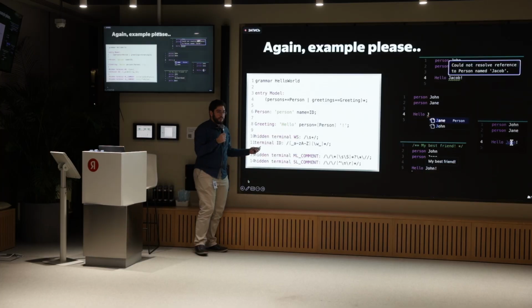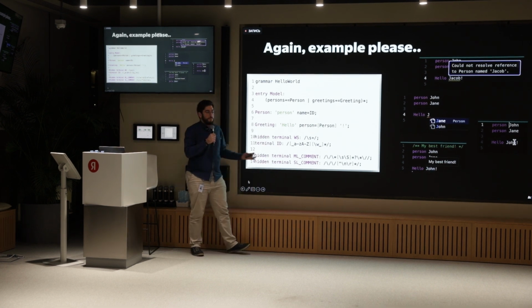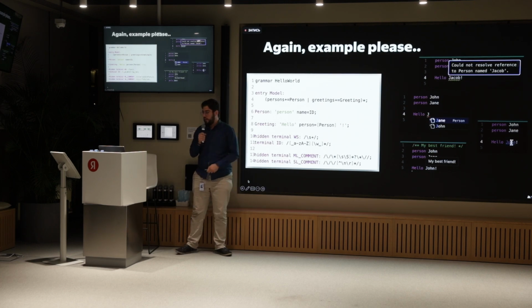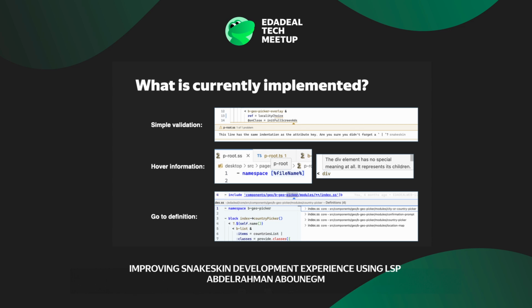Of course, for more complicated languages, it's difficult, such as Snakeskin, for example. We have to implement many of these features manually, but it still helps a lot with the APIs it provides. So for now, in Snakeskin, we have implemented a parser that will help you find basic parsing mistakes, basic syntax errors, and some simple validations, such as detecting if you've missed a vertical bar between attributes, possibly, and detecting non-existing imports.